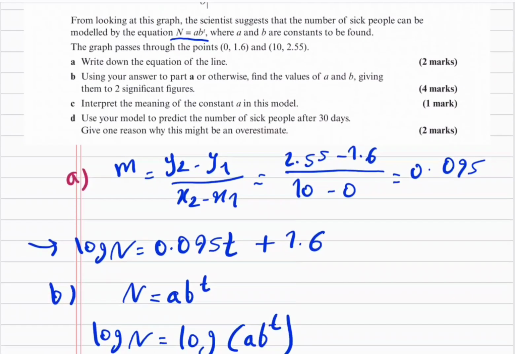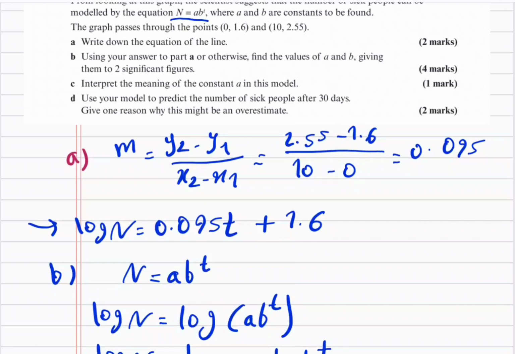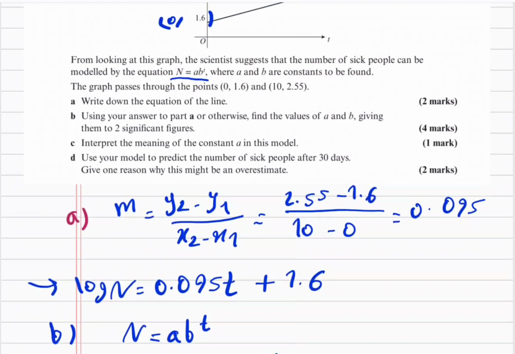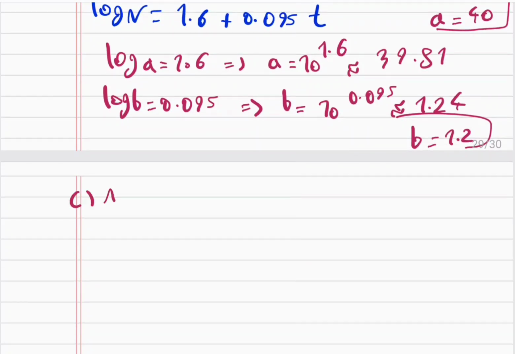So in part C, we want to interpret the meaning of the constant a in this model. So that's interesting because the model is basically n is equal to ab to the power of t. Now when t is equal to 0, then we'll have n is equal to ab to the power of 0, which means that n is equal to just a. And this should remind you that this is the basic y-intercept that we have, and normally in questions the y-intercept just means the initial number of that quantity.